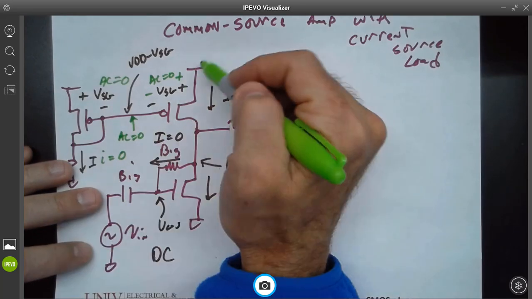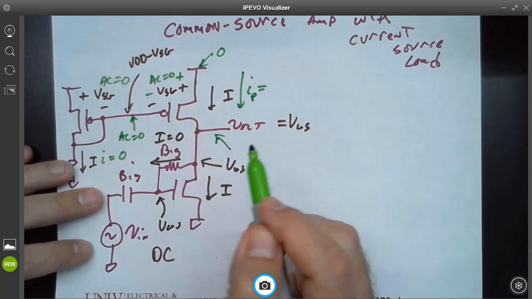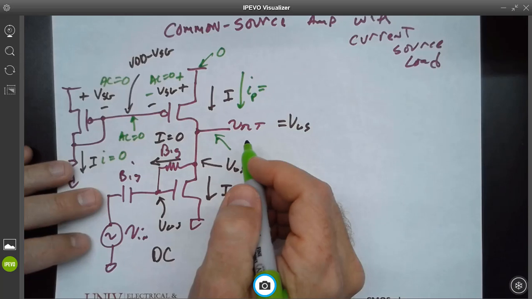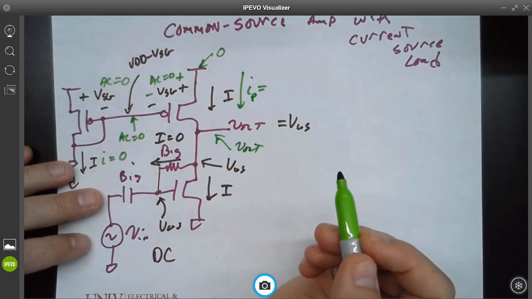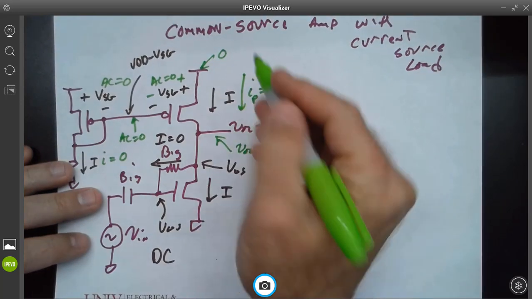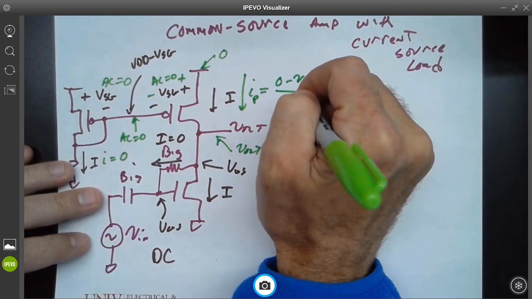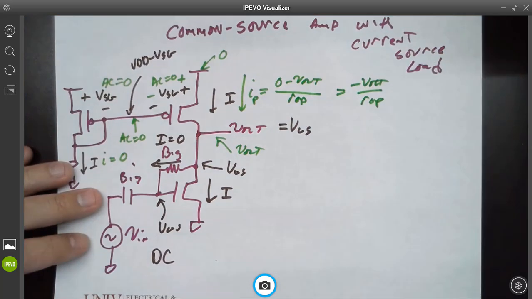What's this AC voltage? Let's do that one. What's this AC voltage? You're going to laugh at yourself when I tell you. What's this current? AC current, 0 minus Vout over Rout P, or minus Vout over Rout P.